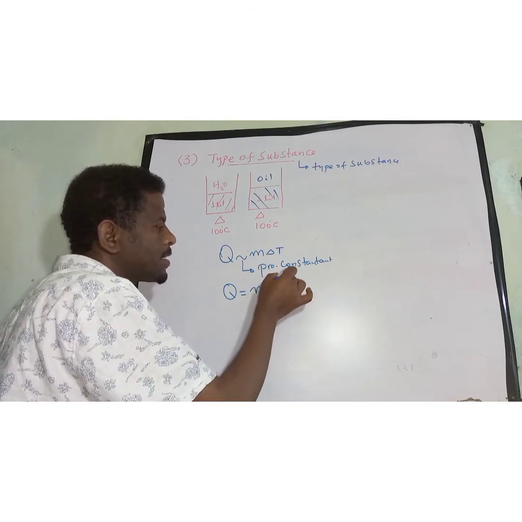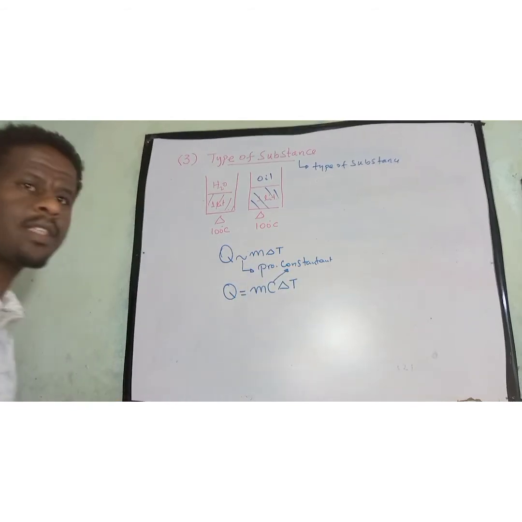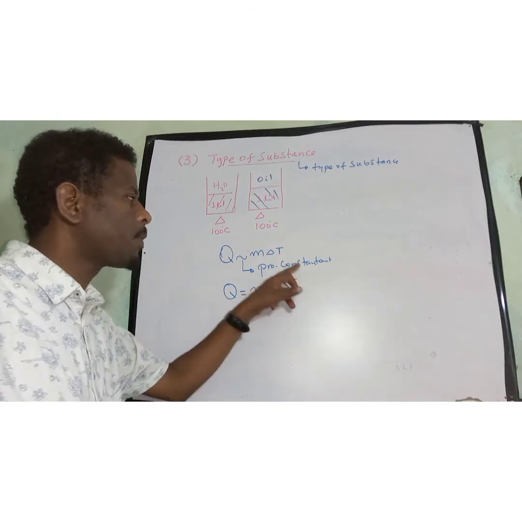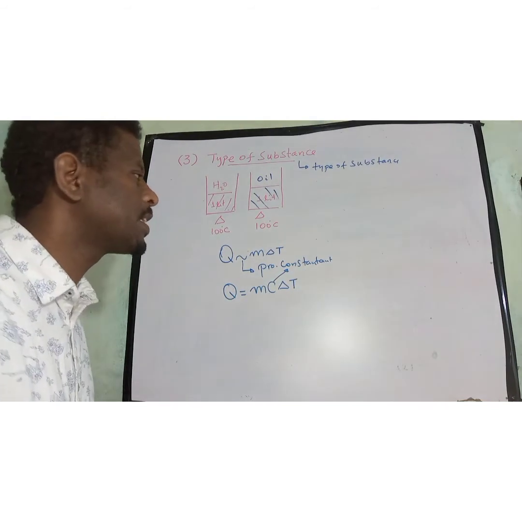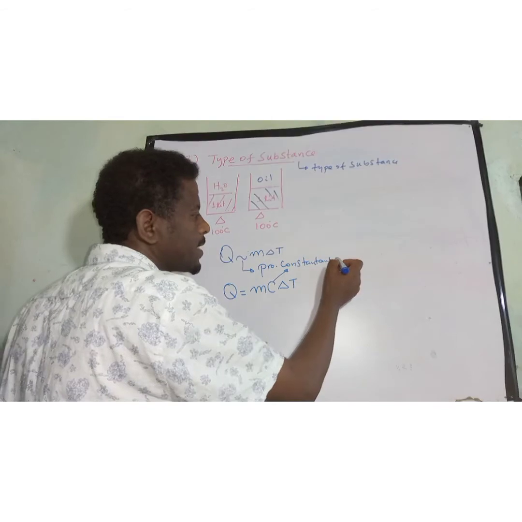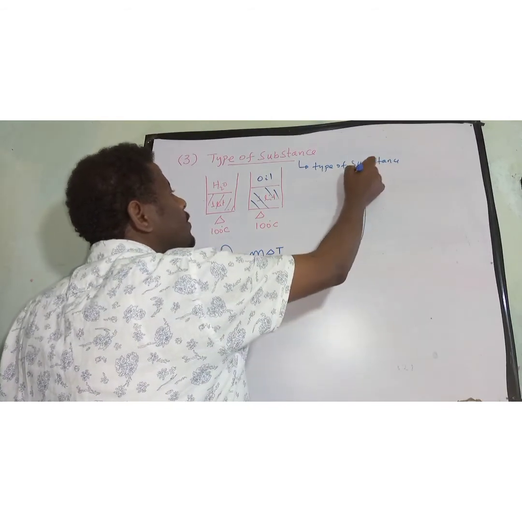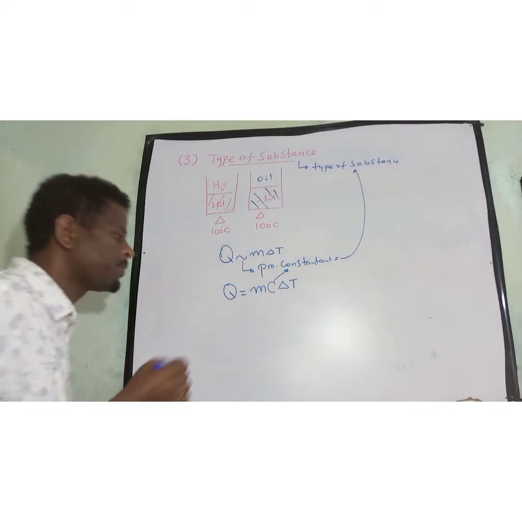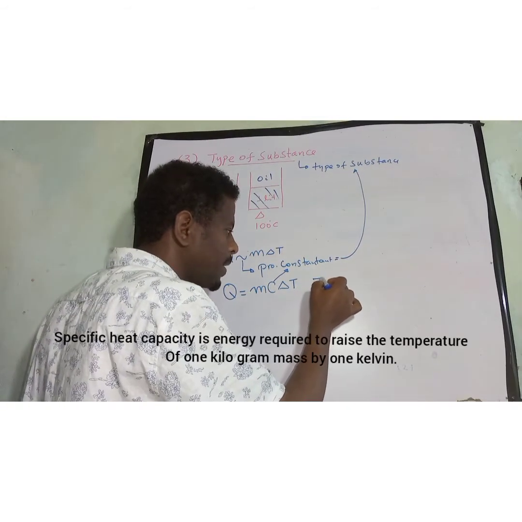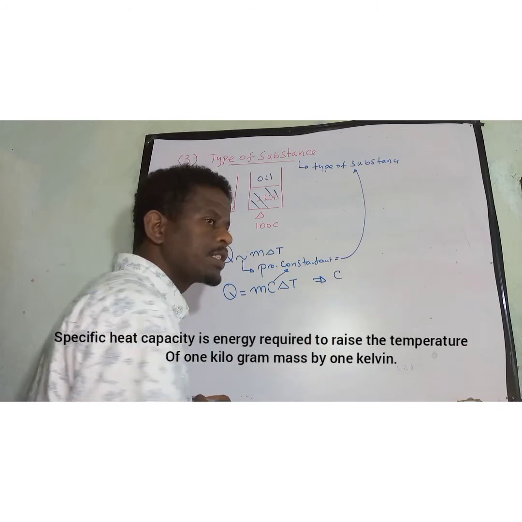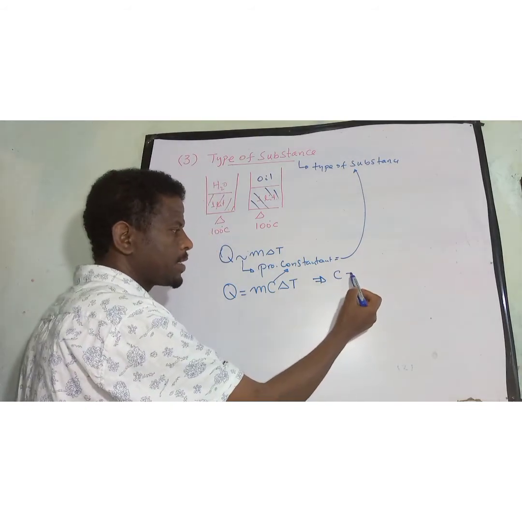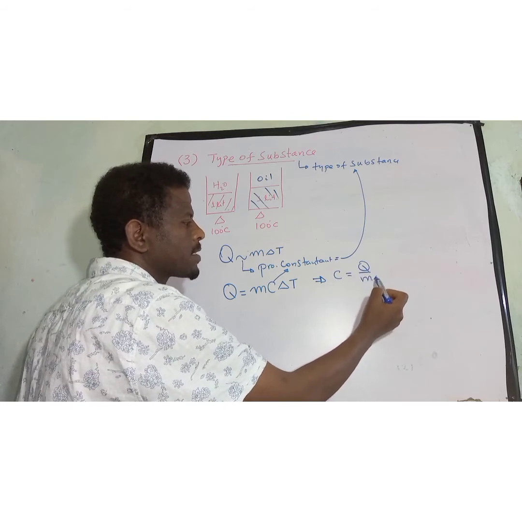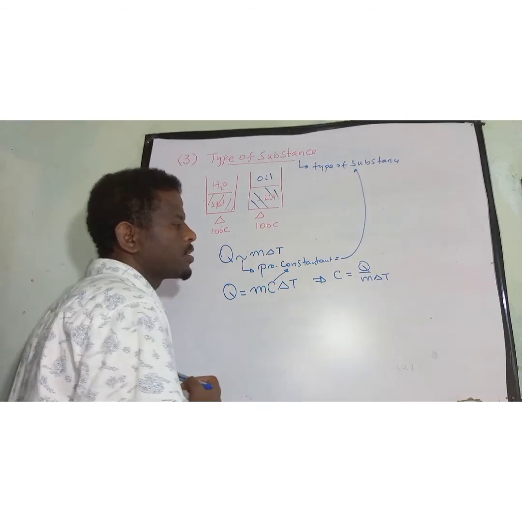This C is the proportionality constant. The mathematical meaning of C is a proportionality constant, and the physical meaning is specific heat capacity, which depends on the type of substance. Hence, C, the specific heat capacity, is equal to the quantity of heat divided by mass times change in temperature.